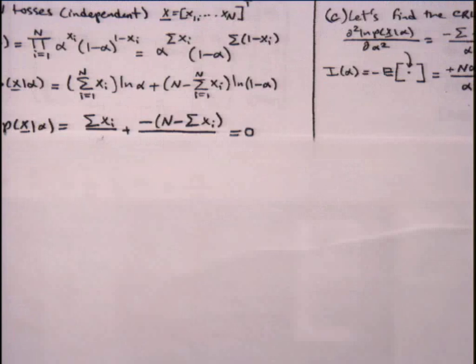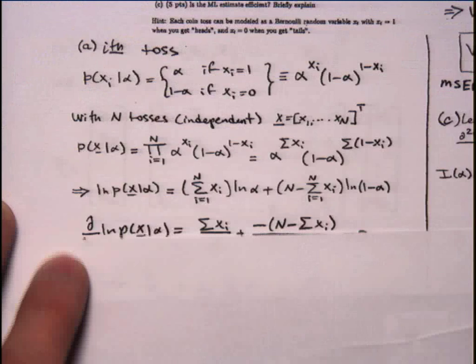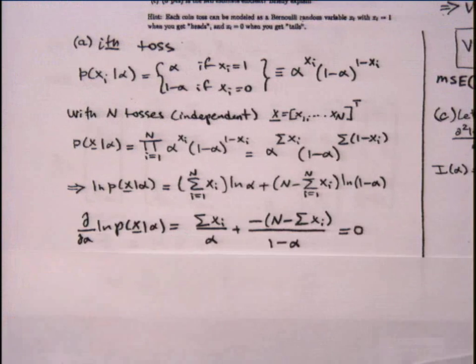So what we do is we define a Bernoulli random variable. Okay, for the ith toss, you define this random variable xi. Given alpha, this PDF is going to have value alpha or 1 minus alpha, depending on whether you get 1 or 0.